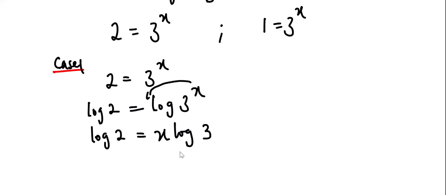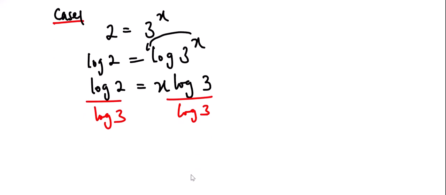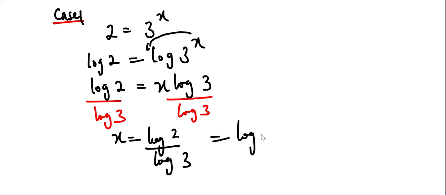Now, both sides can be divided by log 3. And with that, I can say that x equals log 2 over log 3. And finally, you can say that your x is log 2 base 3. This is case 1. What about case 2?